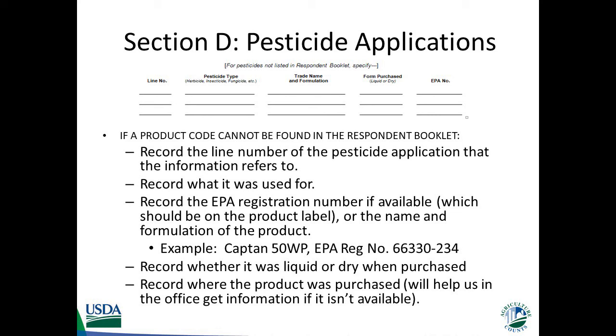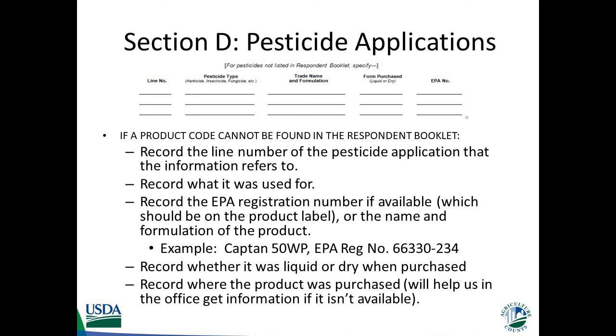If it is available, collect the EPA registration number. This is the best way for us to link a chemical to a product code. The EPA number is generally available on the product label or the material data safety sheets which come with the product. If the product does not have an EPA number, then most likely it is not a regulated pesticide, but we can verify that for certain when researching the product at the regional office.